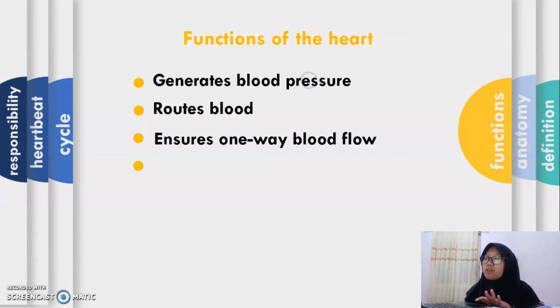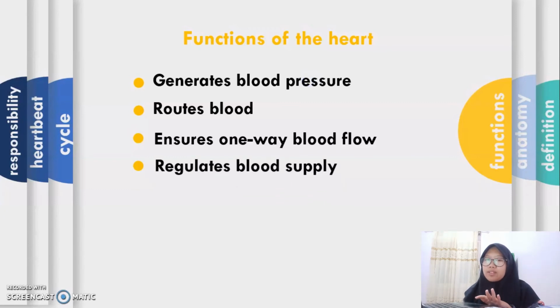And the fourth is to regulate blood supply. Changes in contraction rate and force match blood delivery to changing metabolic needs. Most healthy people can increase cardiac output by 300 to 500%. And heart failure is the inability of the heart to provide enough blood flow to maintain normal metabolism.